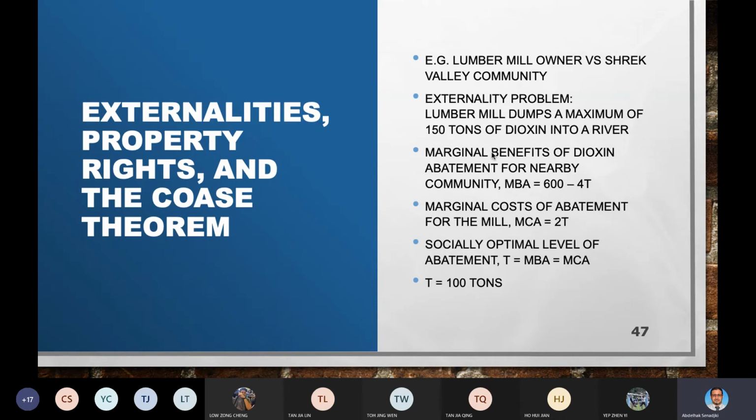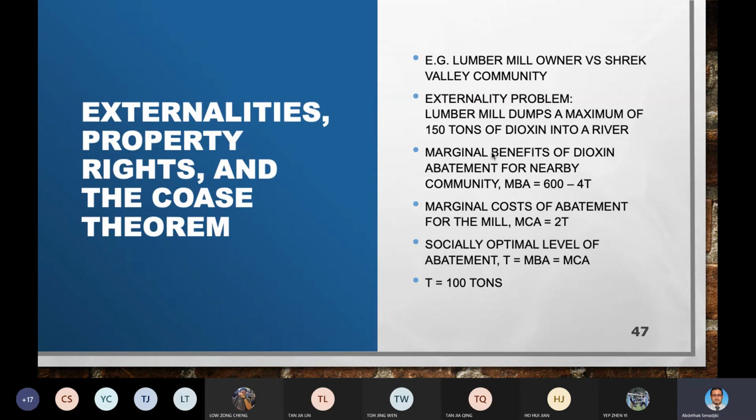So assume that we have a lumber mill owner that pollutes the river. And also we have the valley community, which we assume to be fishermen, who benefit from the river.